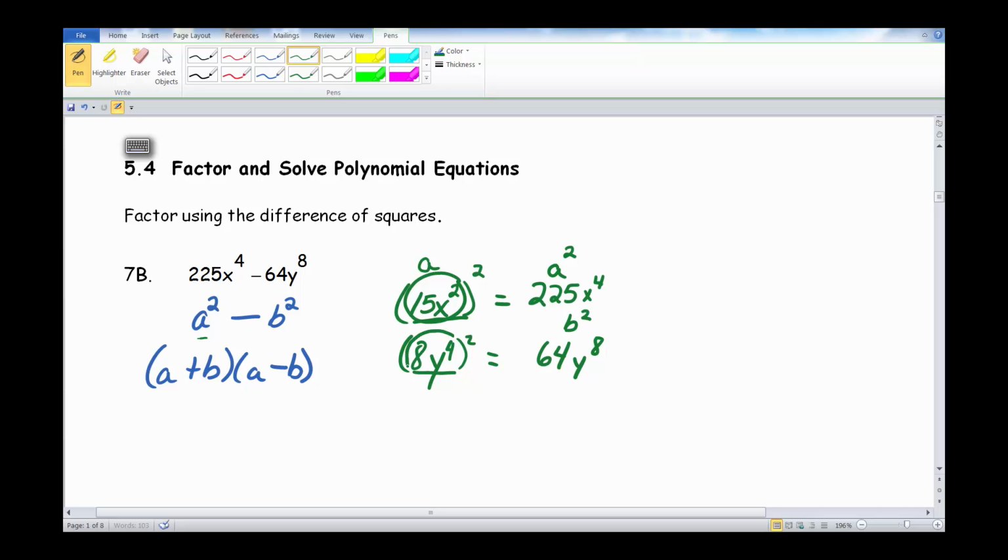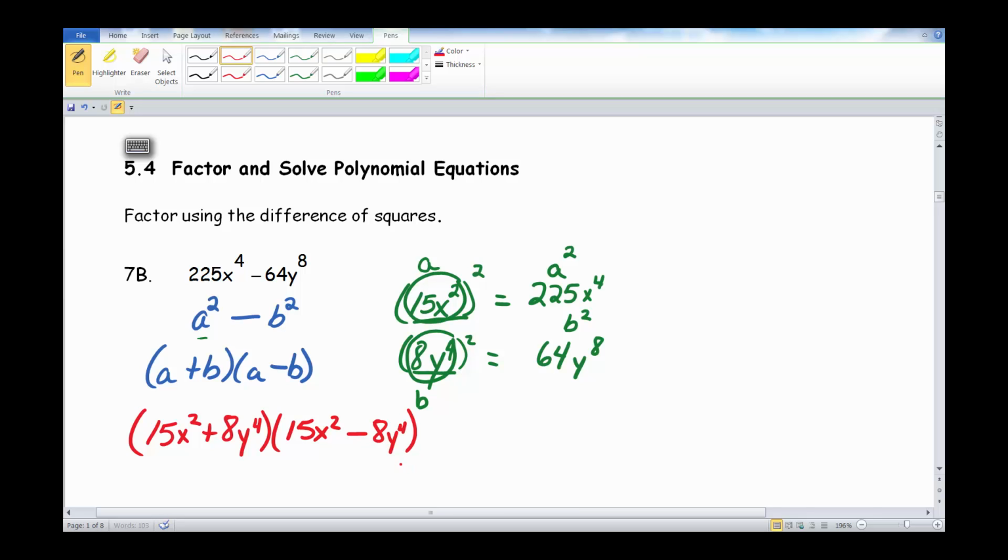So again, just like before, in the previous one we found our a, this one now is our b. And pretty much all it is now is throwing our a and b into the formula. So we have our a, 15x squared, plus our b value, 8y to the fourth, times our a value, 15x squared, minus our b value, 8y to the 4th.